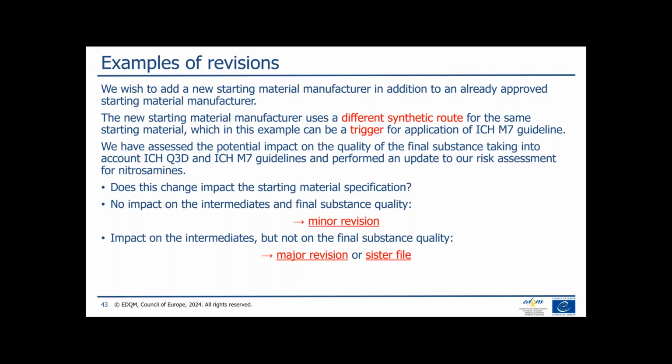However, if there is impact on intermediates but not on the final substance, this can be major or a sister file. If also there is impact on the final substance quality, then it should be a sister file. Why a sister file? Why not a major? Because we are adding a new manufacturer. We are not replacing the manufacturer.